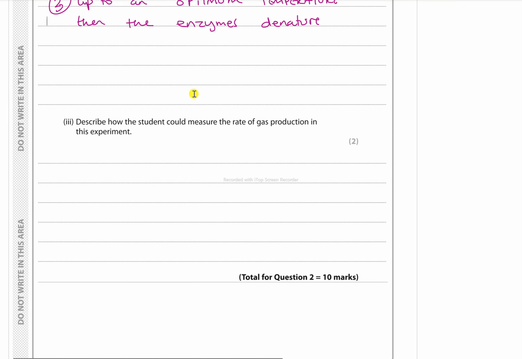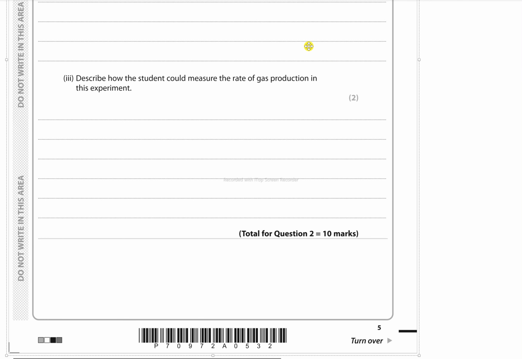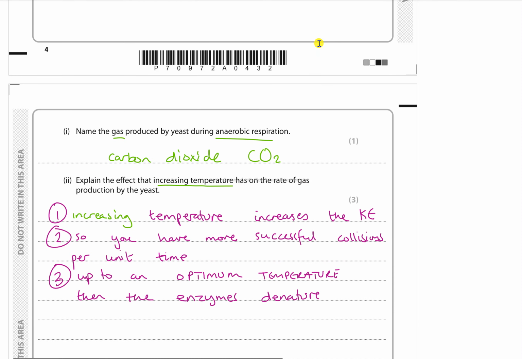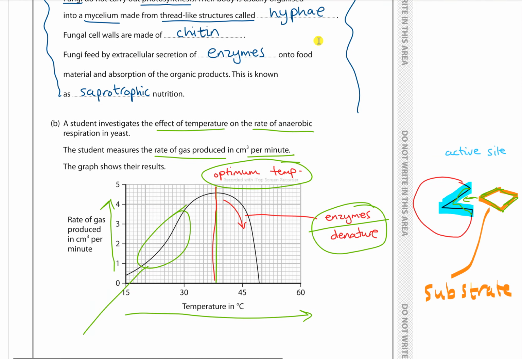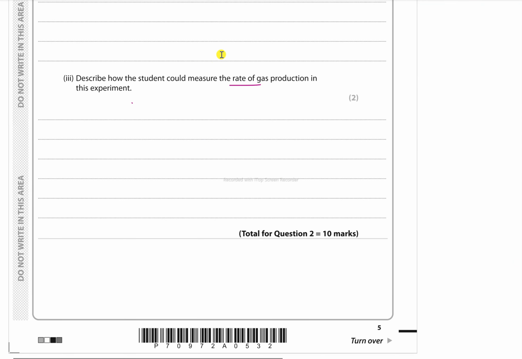How can you measure? Again, this is a standard answer, right? How can you measure the rate of gas production? What you can do is, what did they do? Gas produced. Okay. How?